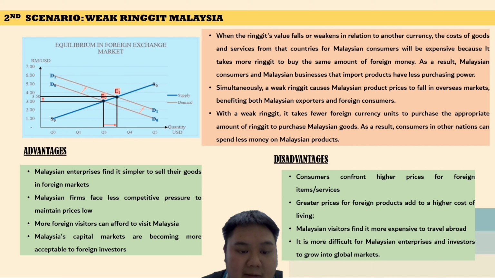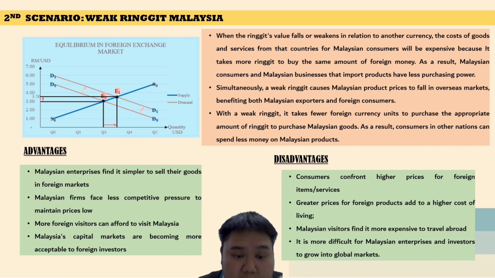Okay, there will be excess demand on USD at the original exchange rate, point E0, where USD $1 equals 3 ringgit.